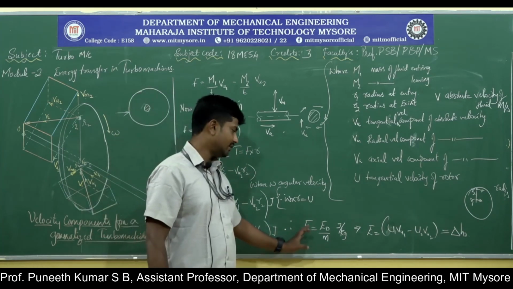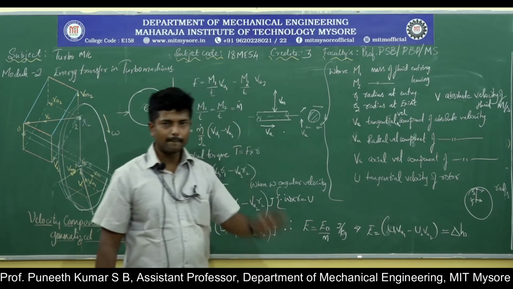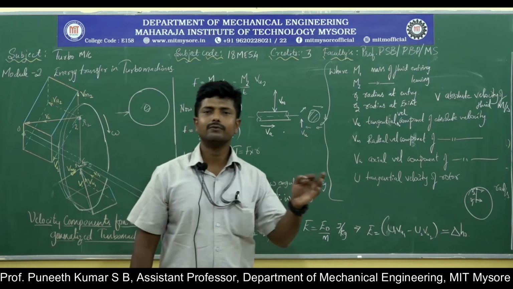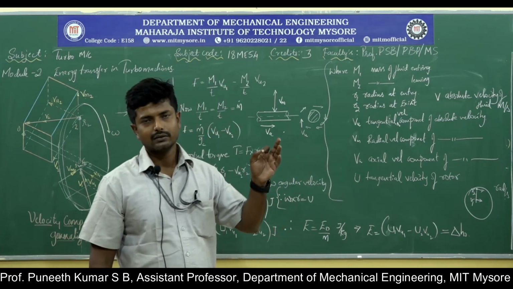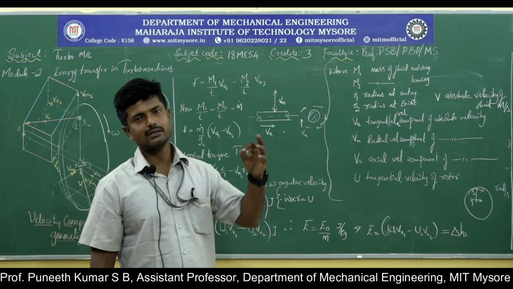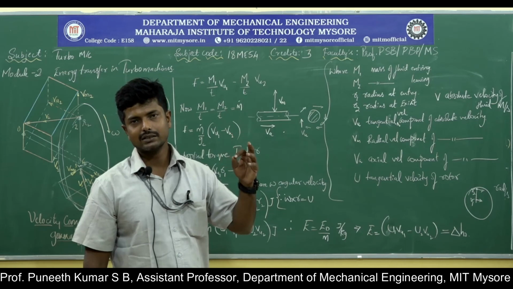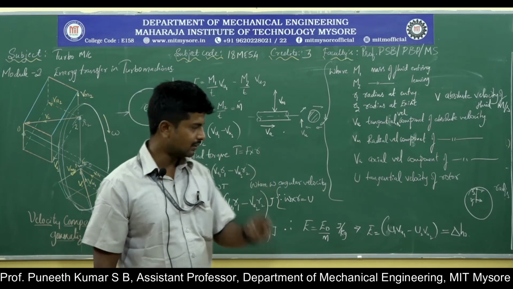Now finally we are writing the energy transfer per unit mass flow rate of fluid. The fluid might be water in hydraulic turbines, steam in steam turbines, and combustion gases in the case of a gas turbine.